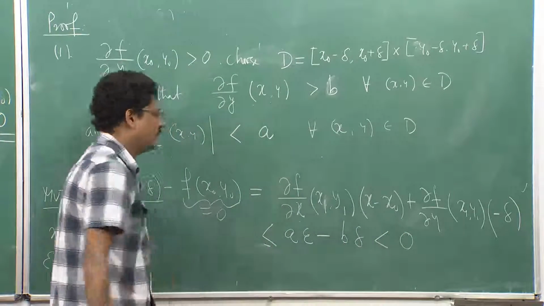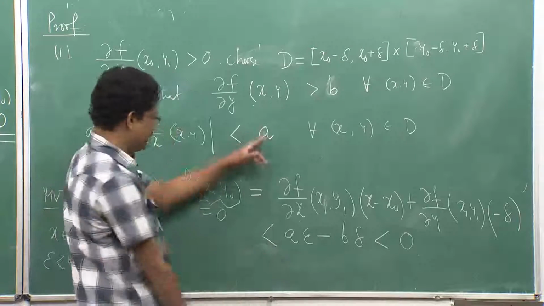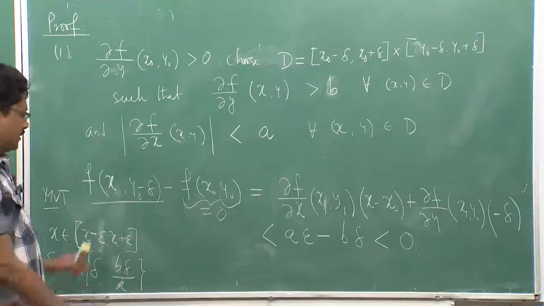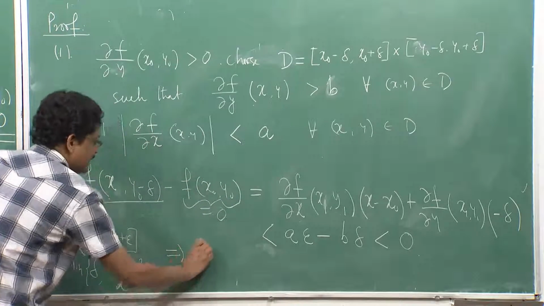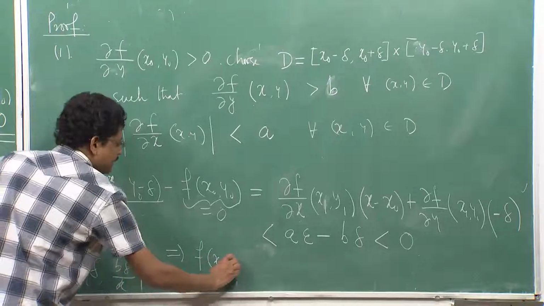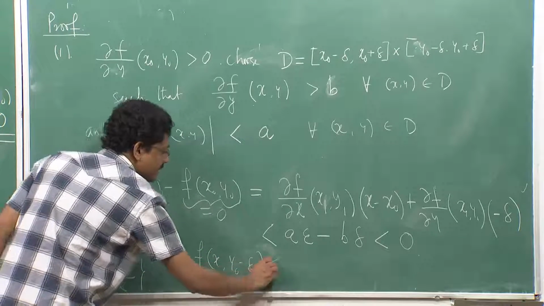So, this says f(x, y0 − δ) is less than 0.